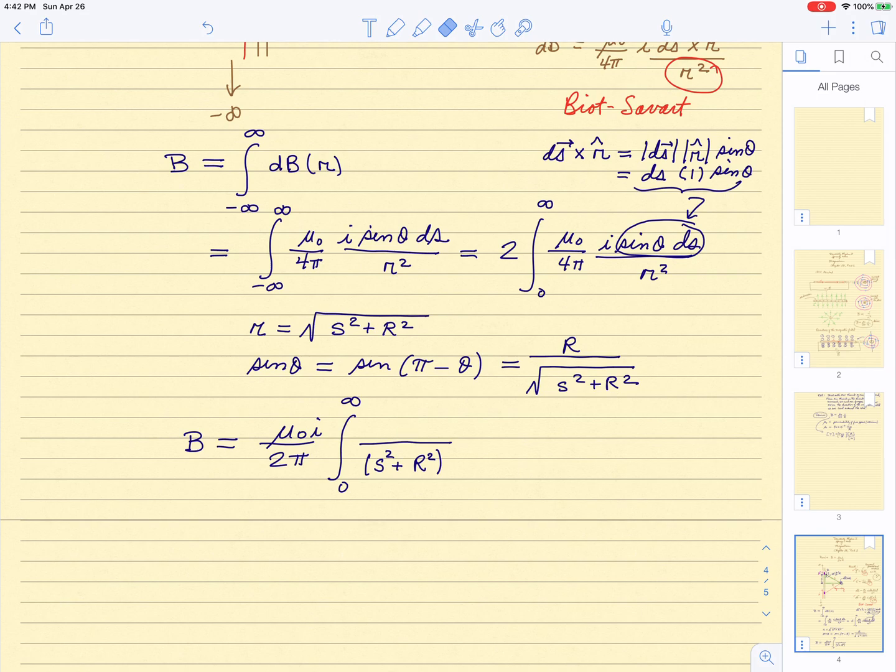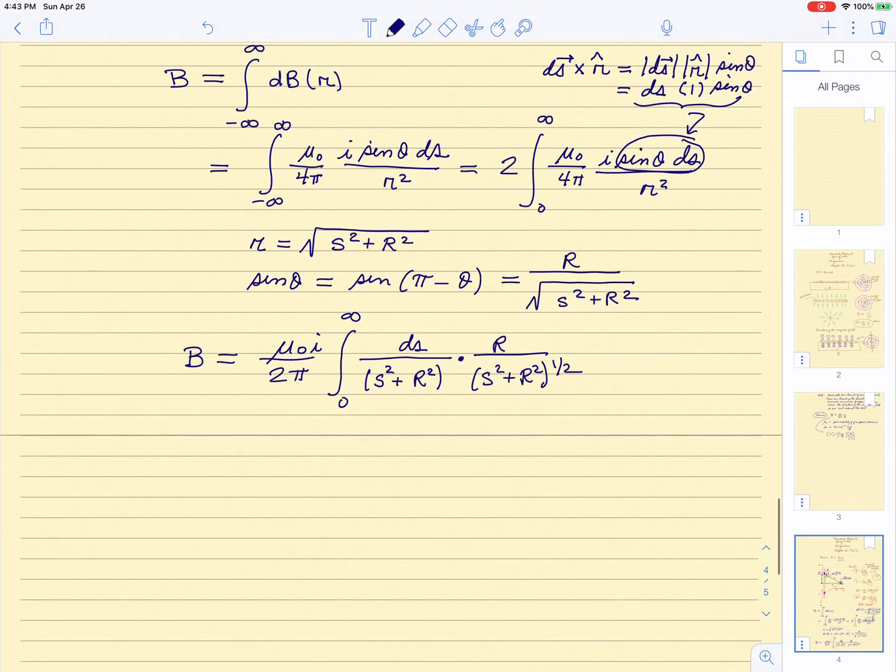This will be then ds times the sine of theta. And the sine of theta then is going to be r over s squared plus r squared to the 1/2. And so then B is going to be mu 0 I over 2 pi, 0 to infinity, r ds over s squared plus r squared to the 3/2 power.